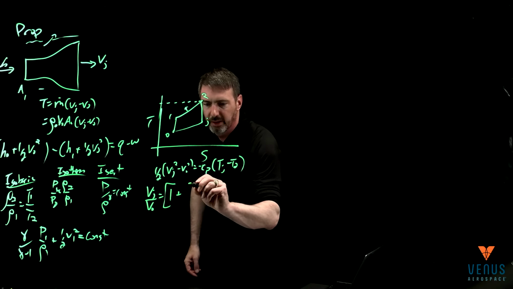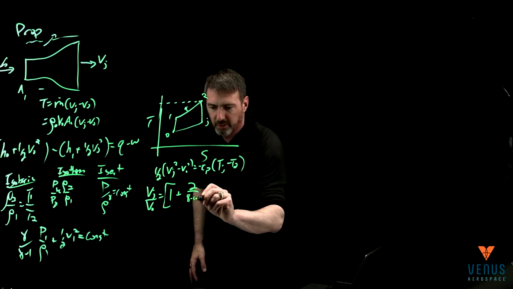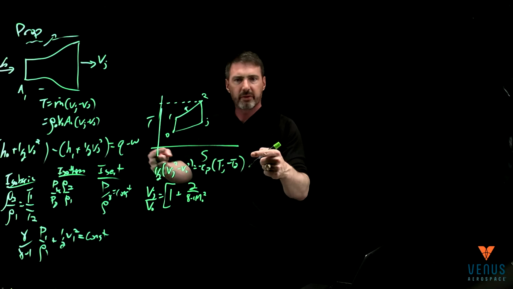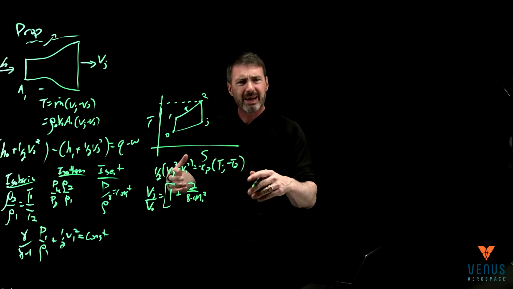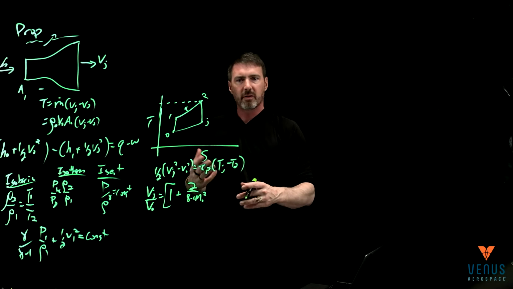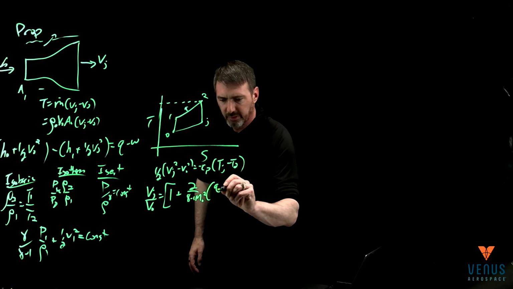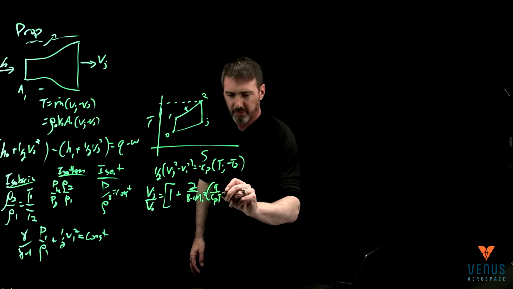1 plus 2 over gamma minus 1 Mach squared. There are a few steps from here to here. It's all the ideal gas relationships, pulling out the gammas, converting velocities into Mach numbers. You can walk through the process. It's not too bad, though it can take a few sheets of paper.